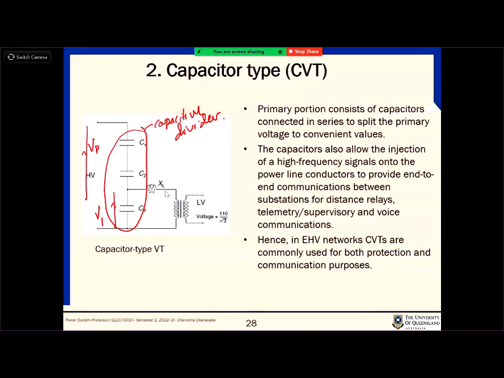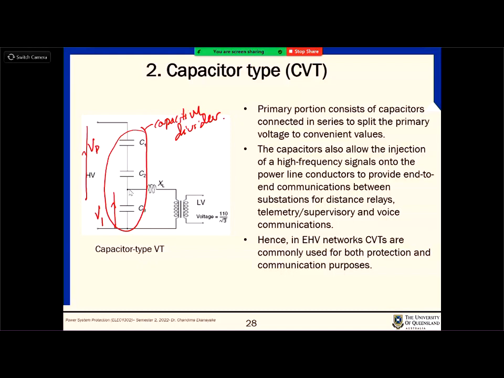The other advantage is that if the transformer operating voltage is very high, then the size of the transformer is also increased. It's a big transformer. Then we can reduce the size by doing this technique.